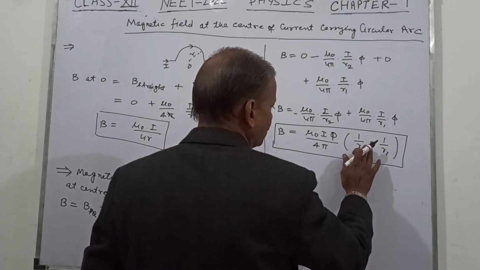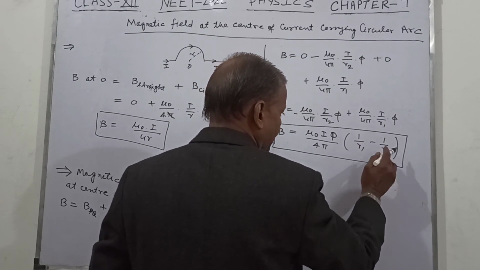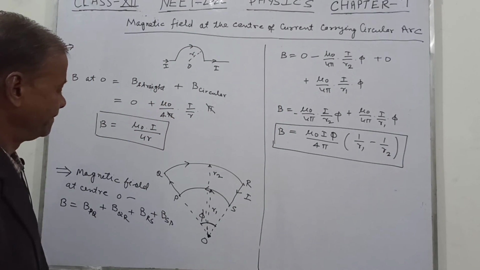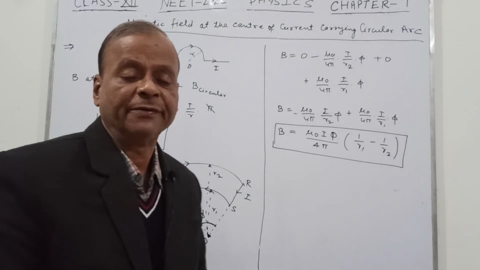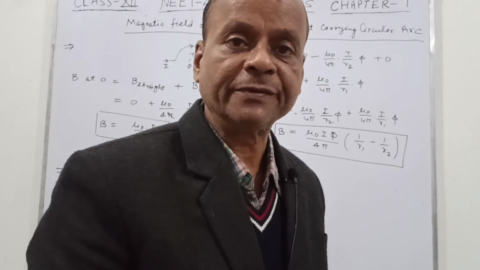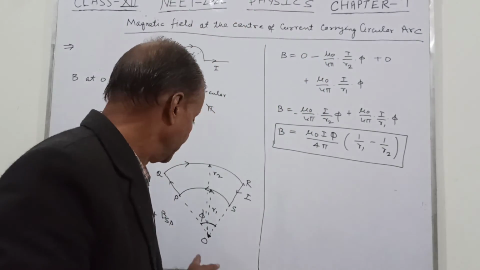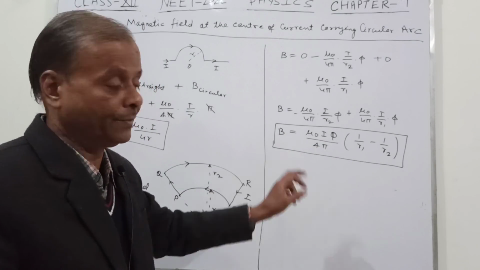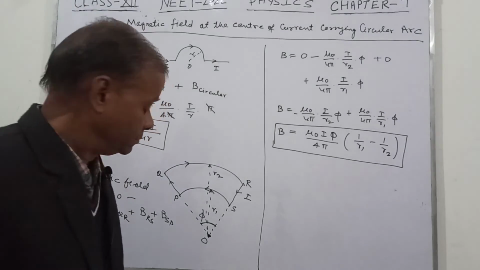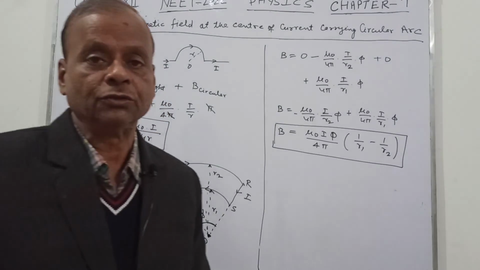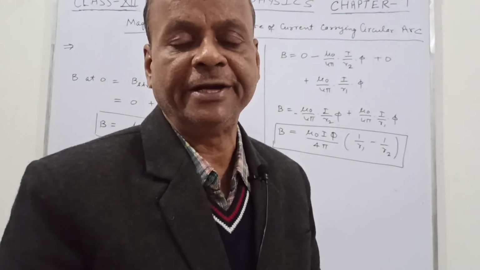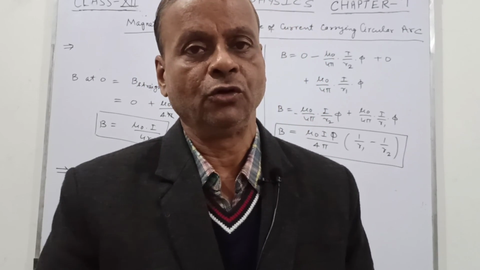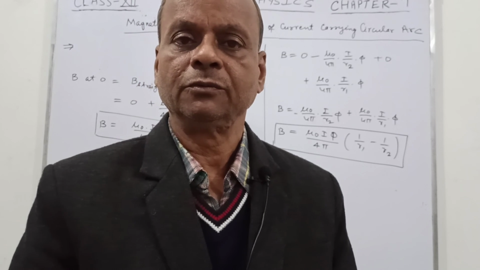So we are having this 1 upon R2 minus 1 upon R1, like that. So this is the method how to find it. If you are given the angle phi here, then you can find the value of B. So this is how to calculate the magnetic field at the center of the current carrying circular loop. So thank you very much.